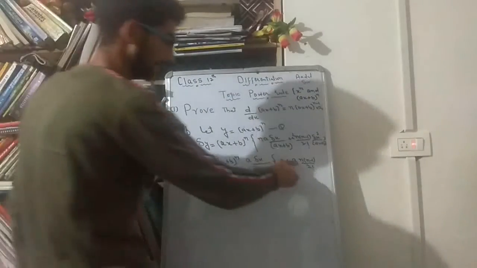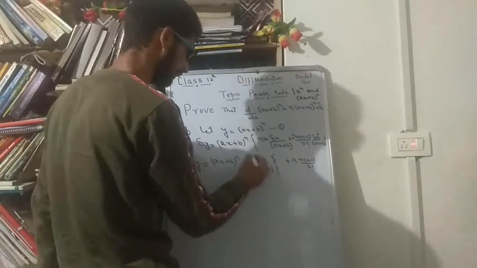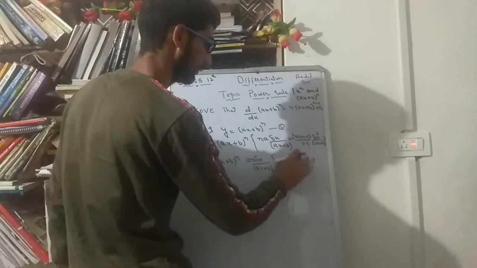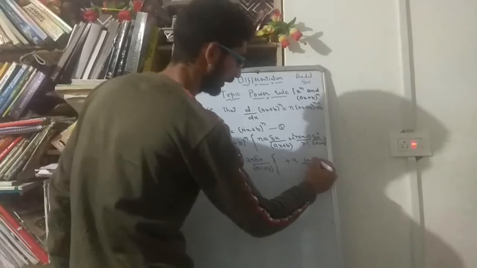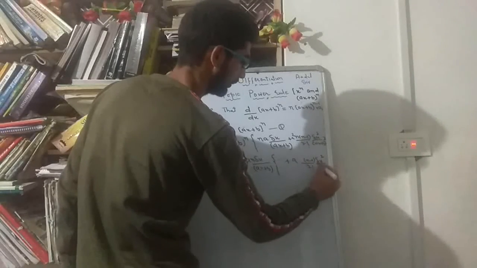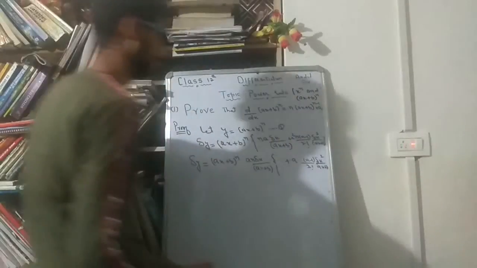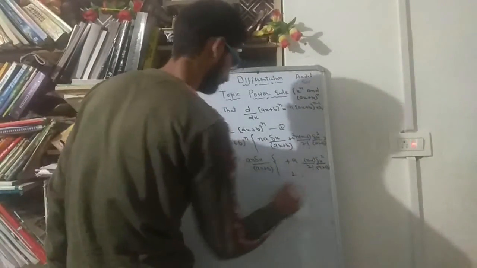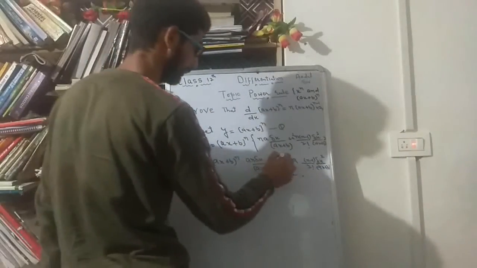Now n is everywhere also, so you can make this n common also. So it will be n into n minus 1, del x square divided by (ax plus b) whole square, and then plus 1.